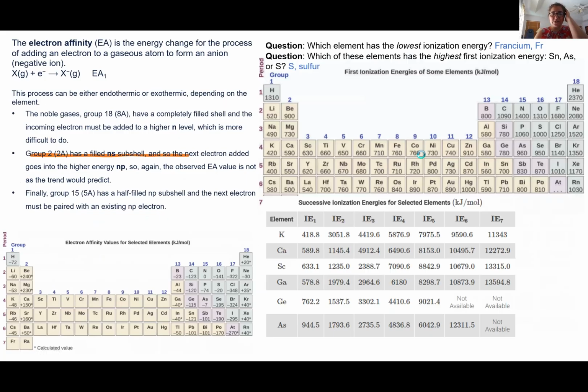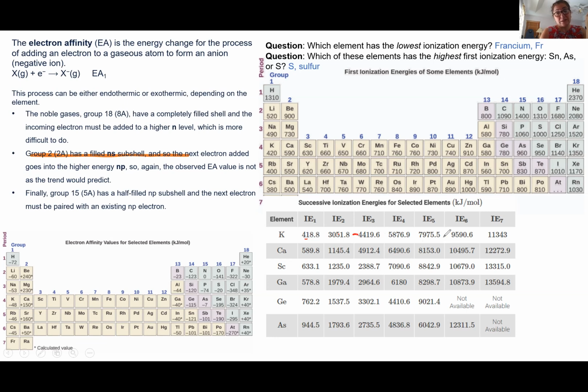So for ionization energy, first, second, and third, see that the number is increasing. And whenever you reach a point where you're removing an electron from a filled shell, it makes it much higher. Like ionization energy 2 for potassium is almost 10 times higher than the first one. But when you go from 2 to 3, it's not even double.